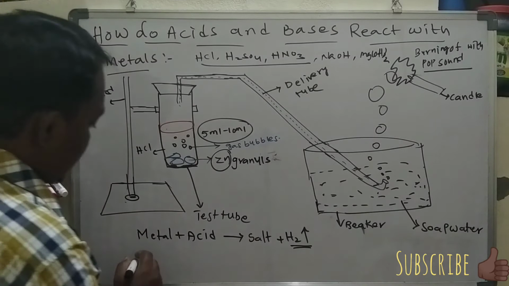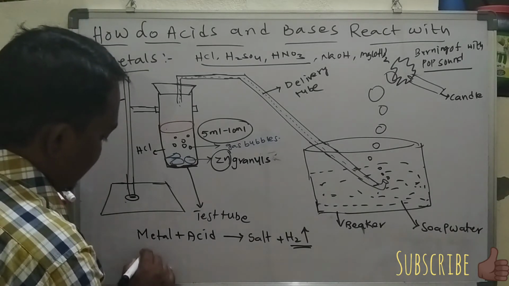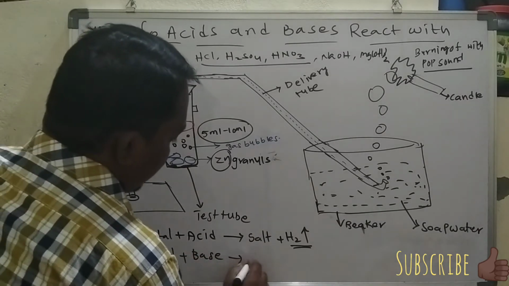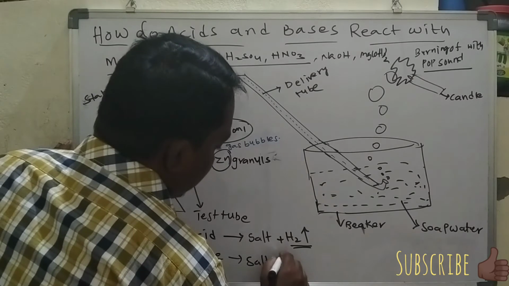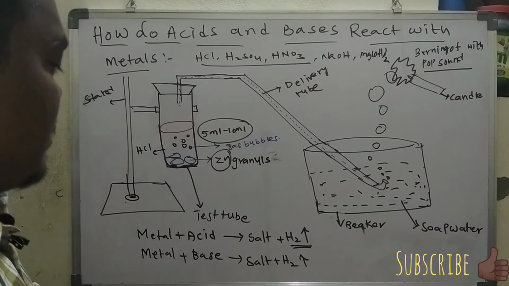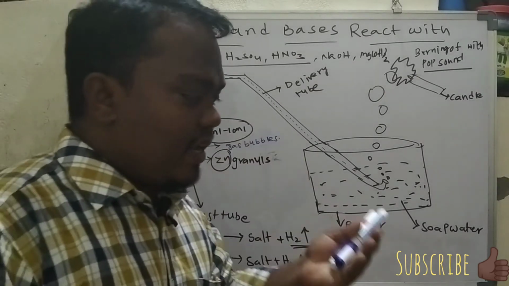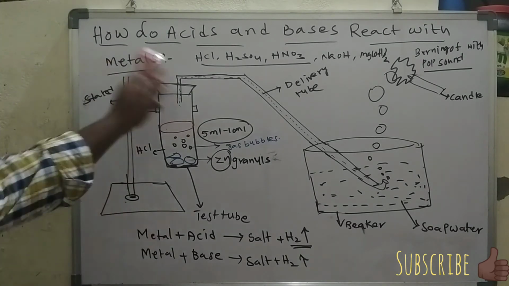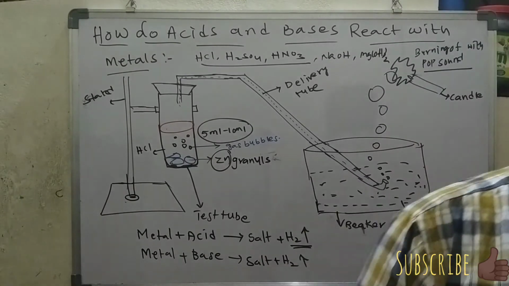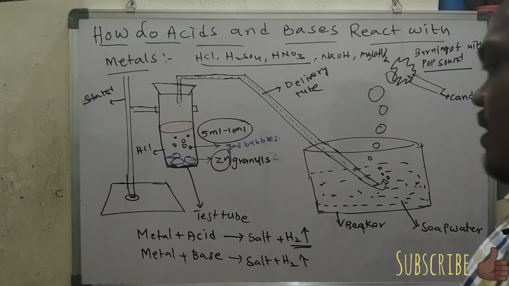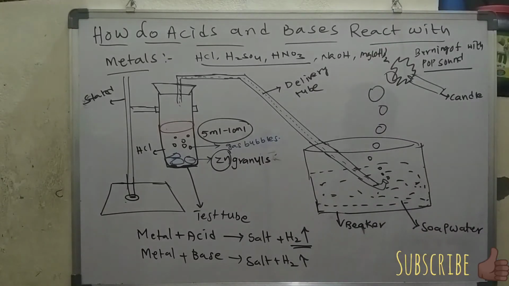So one more conclusion: when a metal reacts with a base, it also gives salt and hydrogen gas. So when a metal reacts with an acid, we get salt and hydrogen gas, as well as when a metal reacts with a base.